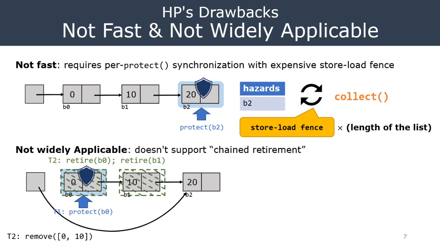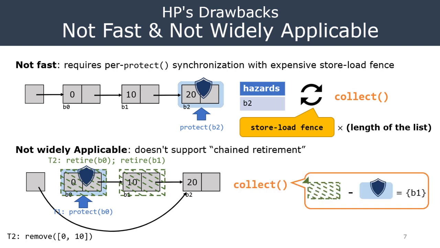They can be retired, because they are no longer reachable from the linked list; they are just unlinked or detached from the data structure. So we can safely retire B0 and B1, or at least we imagine that we can easily retire them. Okay, so far so good.